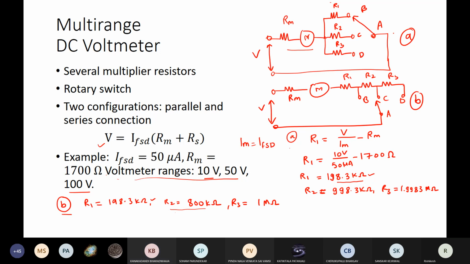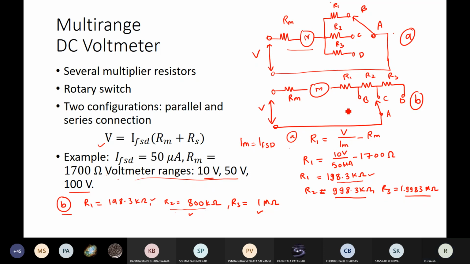Yes. These values are easily available as off-the-shelf resistances, whereas the others are very specific values. Remember, we are designing an instrument, so its performance depends on the component values.